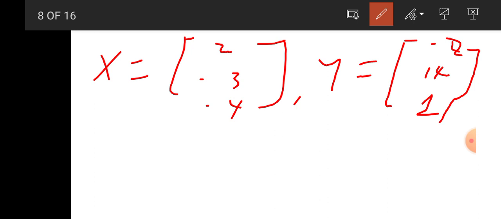So what is x dot y? X dot y. This is vector A, and this is vector B.